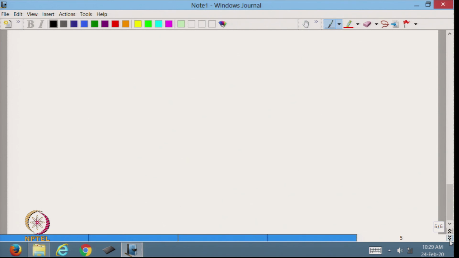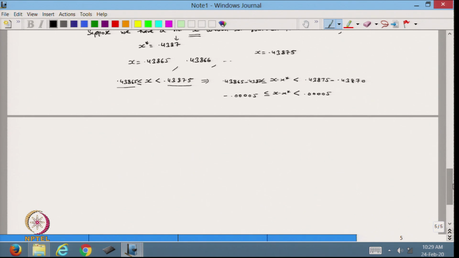So, from here I can write that the modulus of x minus x star is at most 0.00005.